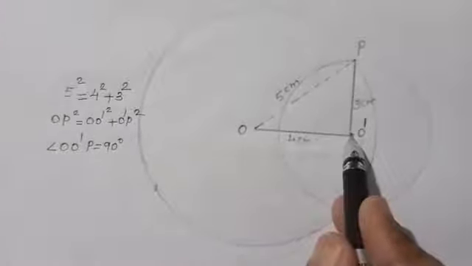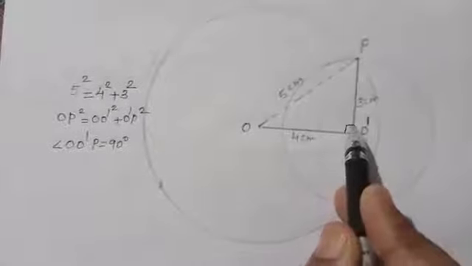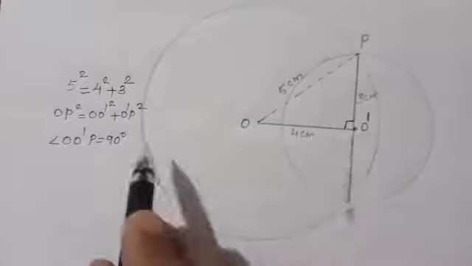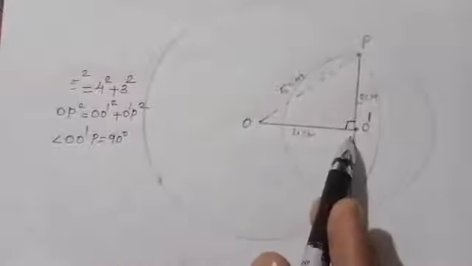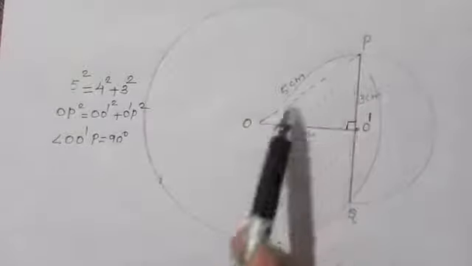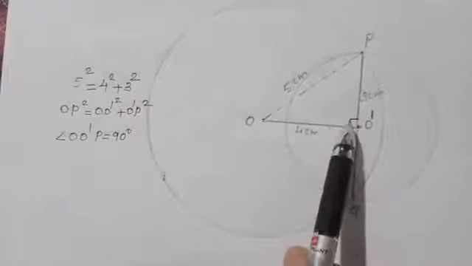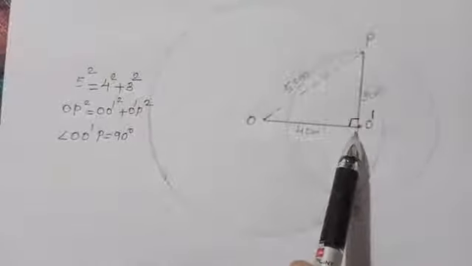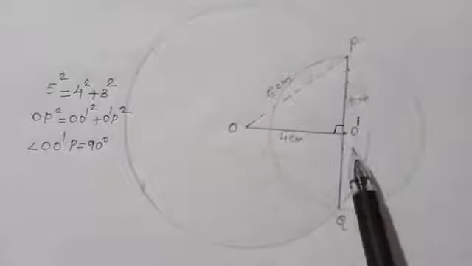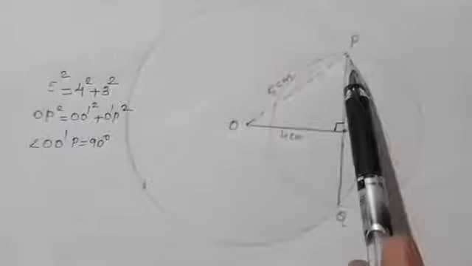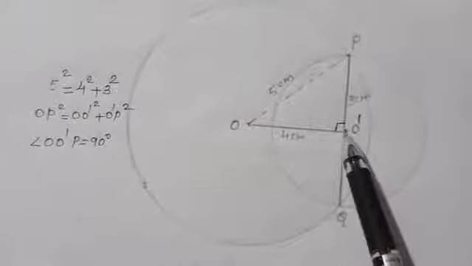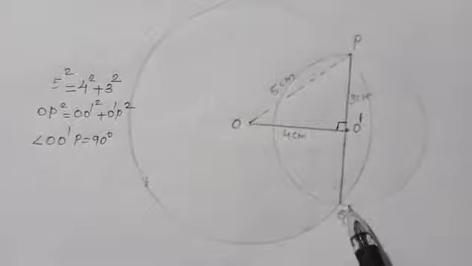This angle is 90 degrees by the converse of Pythagoras theorem. That is, if hypotenuse square equals base square plus altitude square, then this angle is 90 degrees. Okay. Now listen here. O dash lies on the common chord PQ.